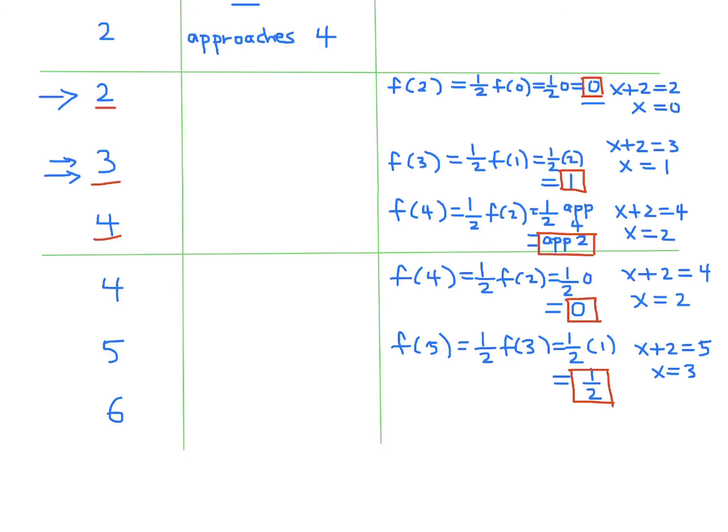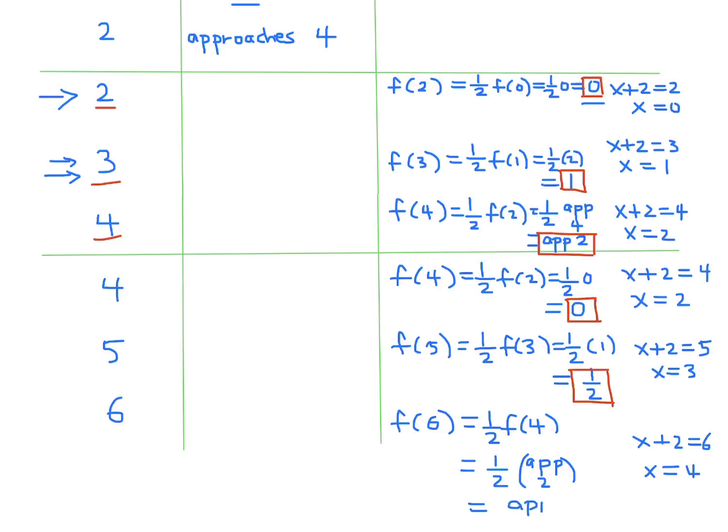And then finally, f at 6, we've got 1/2 f at what number? Well, you set x plus 2 equal to 6, and therefore x is equal to 4. So this becomes 1/2 f at 4. F at 4 approaches 2, like that.